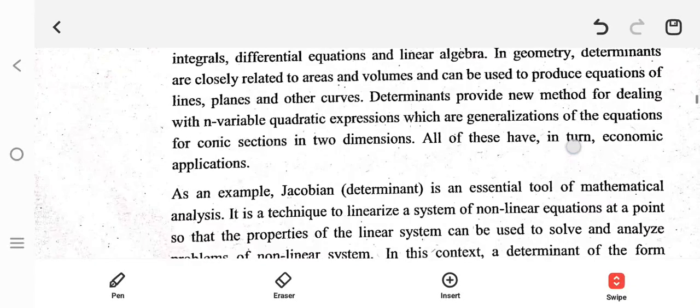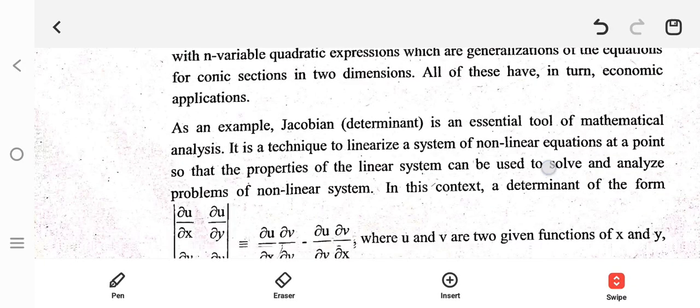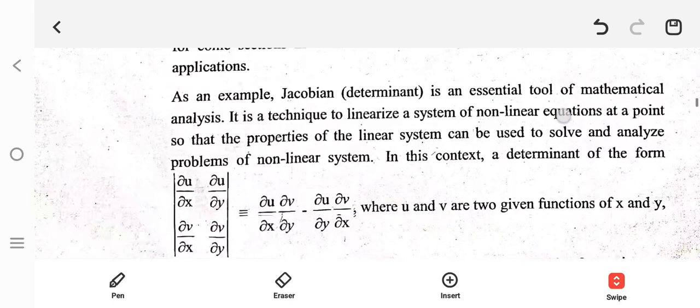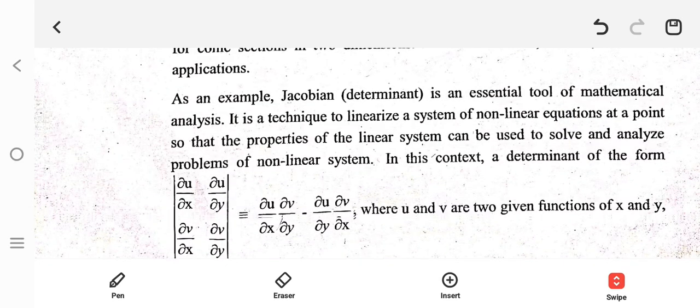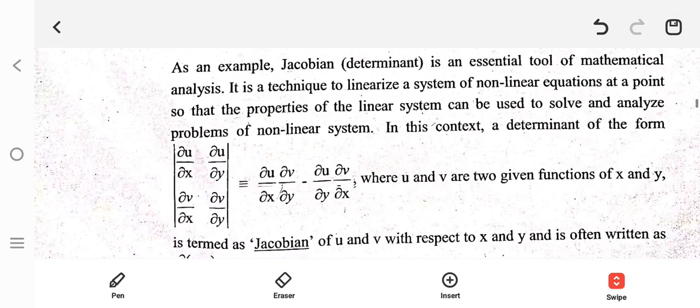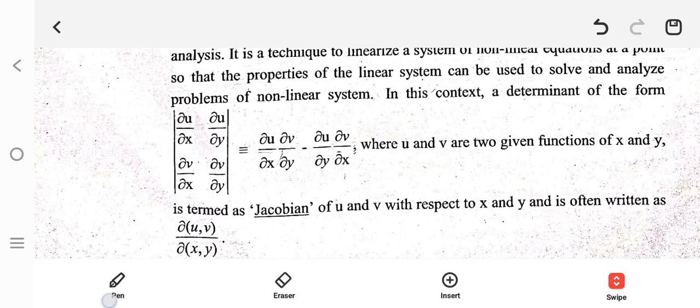Now an application of the determinant, for example, is the Jacobian determinant. The Jacobian determinant is an essential tool for mathematical analysis. In determinant form, we write the partial derivative of u with respect to x and the partial derivative of u with respect to y, and again the partial derivative of v with respect to x and the partial derivative of v with respect to y.